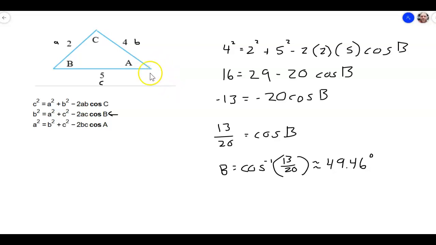It doesn't really matter here, but I'll do the sine of B, which is 49.46, over little b, which is 4, is equal to the sine of A over 2. Let's find little a first.